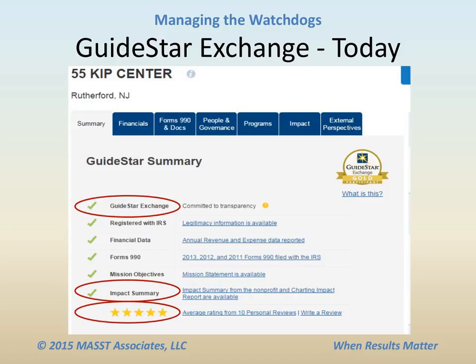Once they had completed that, they asked supporters of the organization to log on to GuideStar or Great Nonprofits, which I'm going to talk about shortly, and actually do reviews. As you can see, within a very short period of time, they earned the highest seal available from GuideStar, which is gold, and they earned 5 stars.